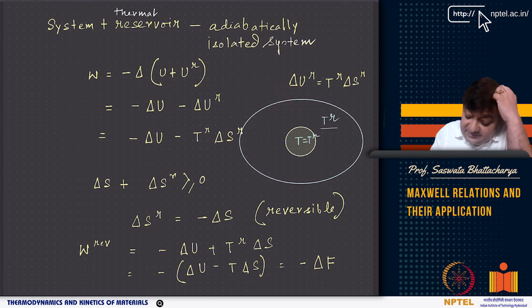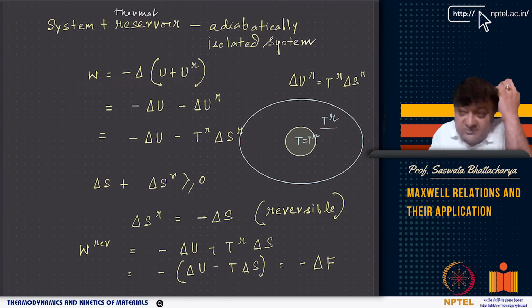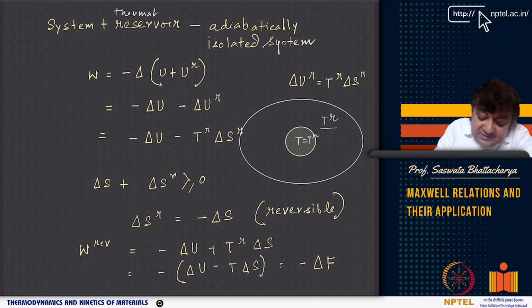In that case, if you think of system plus reservoir as your adiabatically isolated system, then look at the definition of W. If W is the work done by the system, then it is equal to minus of delta U plus delta UR, where delta U is the change in internal energy of the system and delta UR is the change in internal energy of the reservoir.